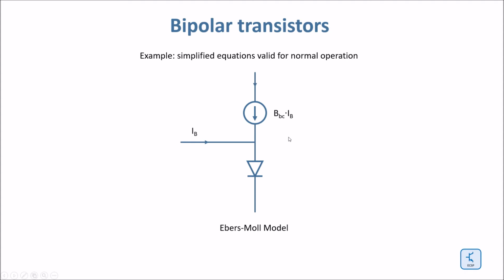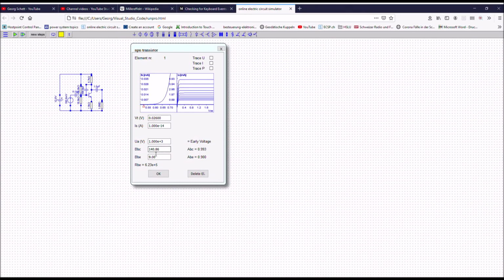Now we come to the input parameters which have to be inputted in the input mask. Here you see now for normal operation you have this current amplification factor. So this is the IB times the current amplification factor, and the same applies for the inverse operation where you have the amplification factor BBE. So here you have these two parameters BBC and BBE.